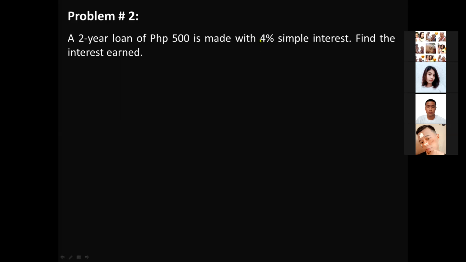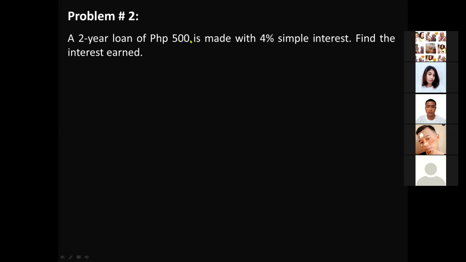Okay. So this is just a very easy problem. Pinapaanap yung I. 2 taon daw yung loan. So definitely this is our time. Pag sinabing loan, investment yan. Mangiiram ka ng 500. O kaya pwedeng invest mo yan, yung 500 para kumita.